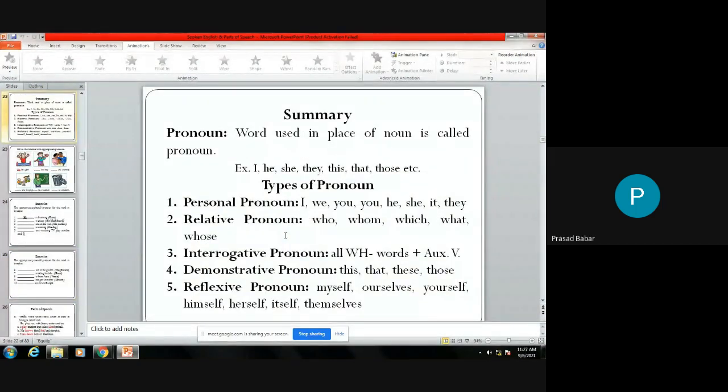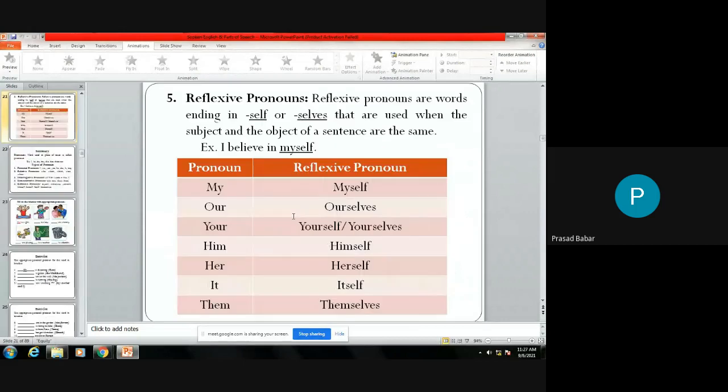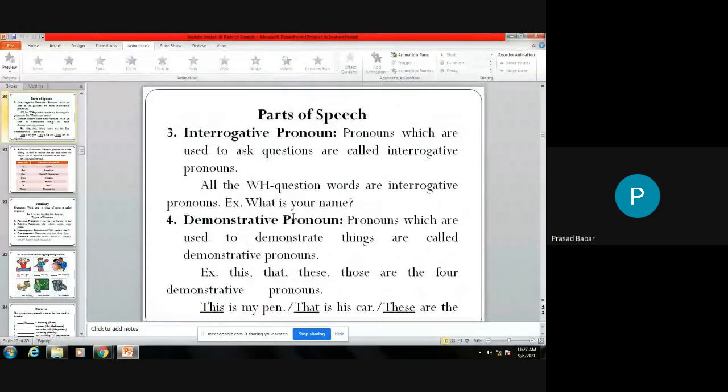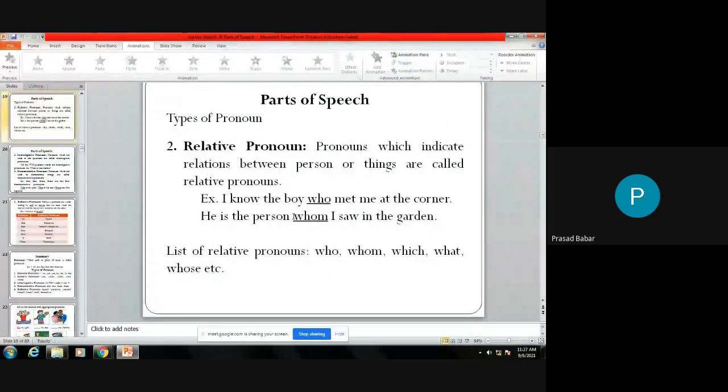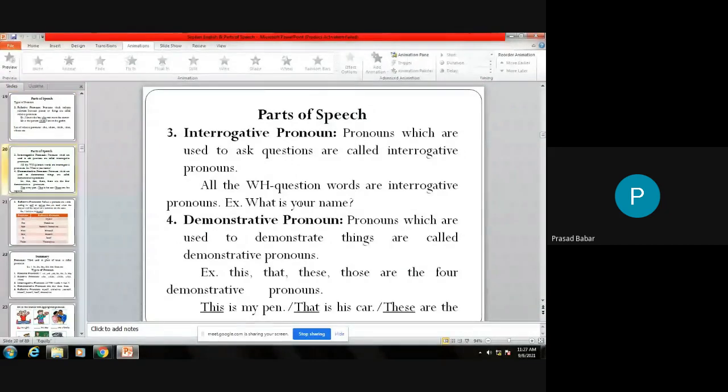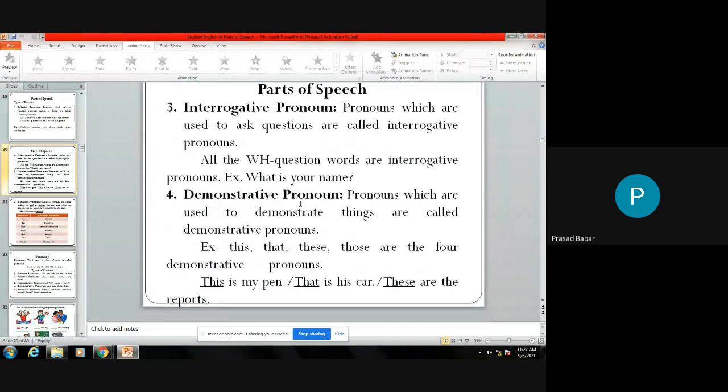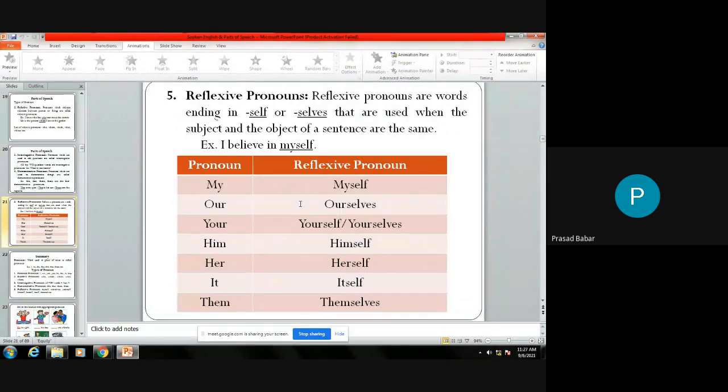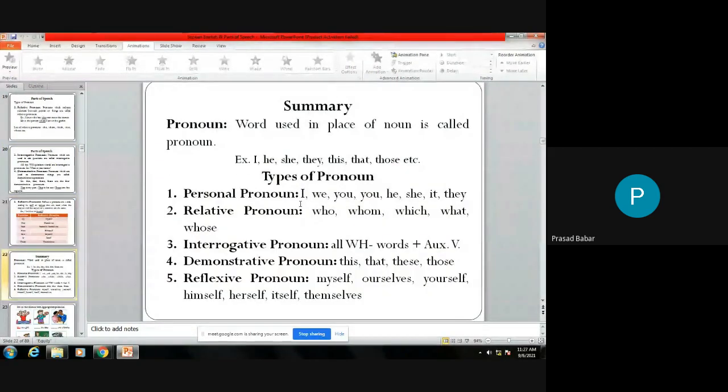So we have seen all the types of pronouns. First is personal pronoun, then next is relative pronoun, third is interrogative pronoun, fourth is demonstrative pronoun, and fifth is reflexive pronoun. So we will take a quick recap.